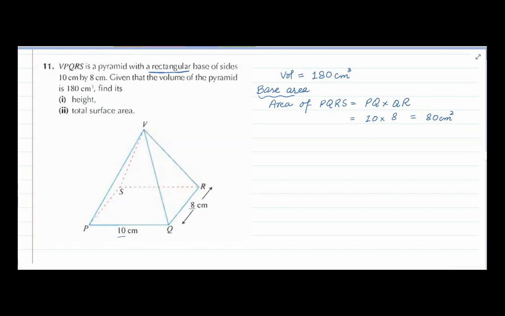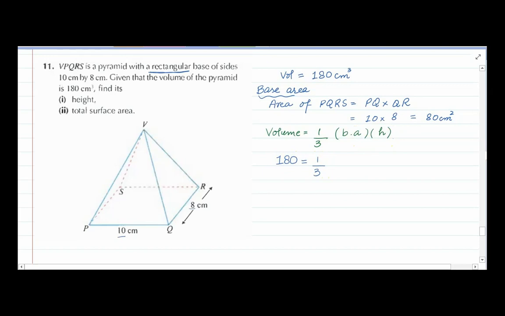Now the working formula of the volume of a pyramid is equal to 1/3 base area multiplied by height. That is the working formula. The volume is known, it's 180 is equal to 1 divided by 3.